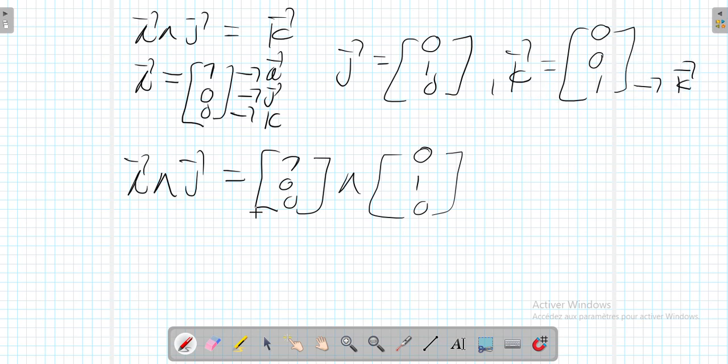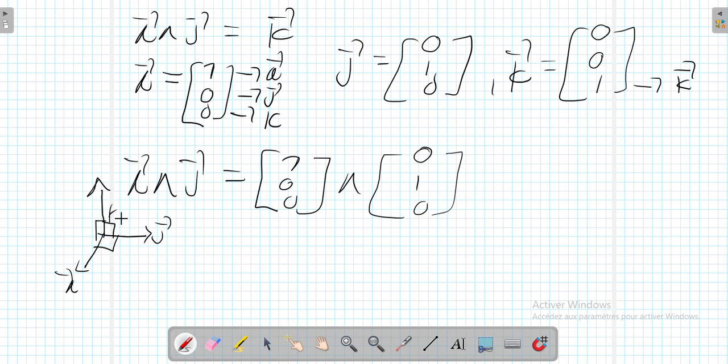Now, from the vector product rule, we said that if I take the vector product of two vectors that are perpendicular to each other, it will give us a vector that is perpendicular to both of them.